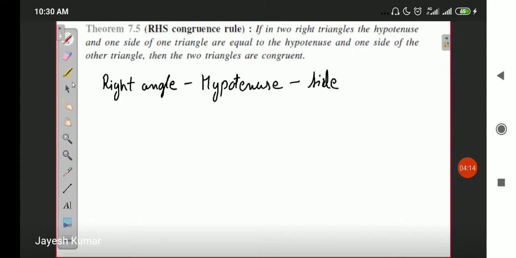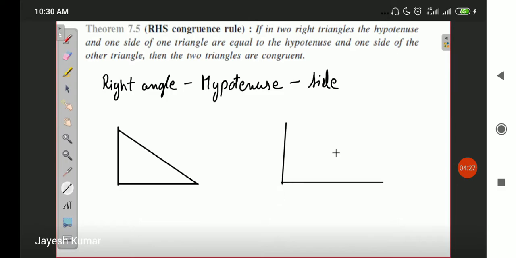Okay. So what does this congruency say? This congruency says that for any right angle triangle, this is a right angle triangle. This is again a second right angle triangle, and let us name them P, Q, R and A, B, C. Triangle PQR is right angled at Q, triangle ABC is right angled at P. So what does this congruency say?